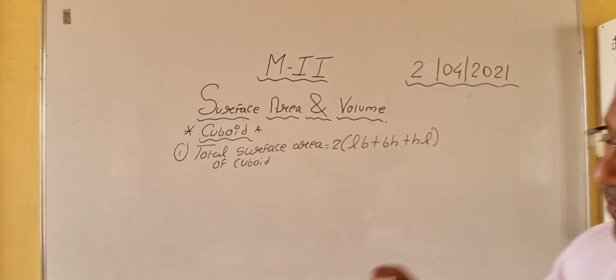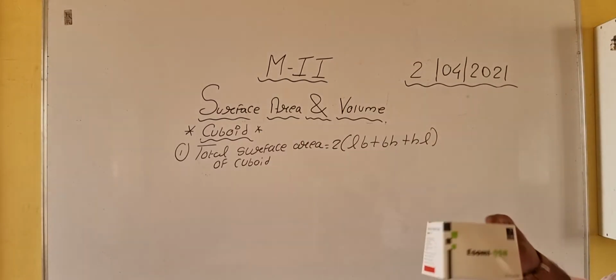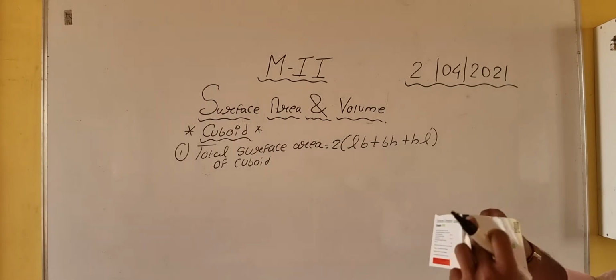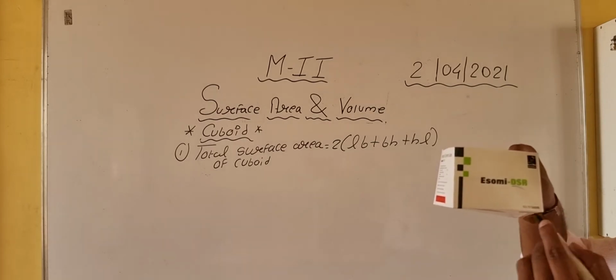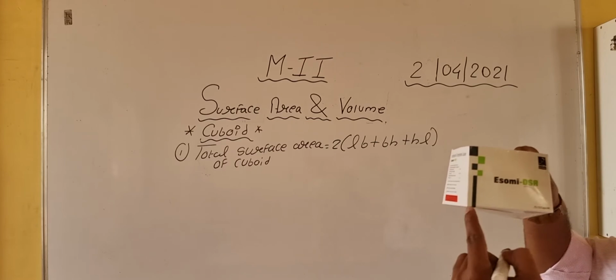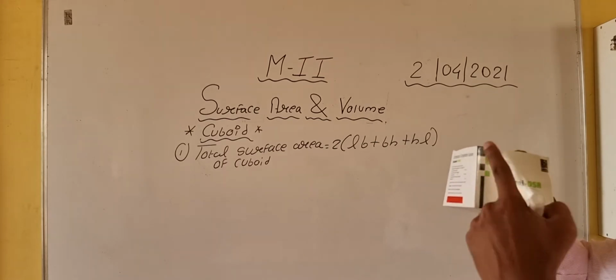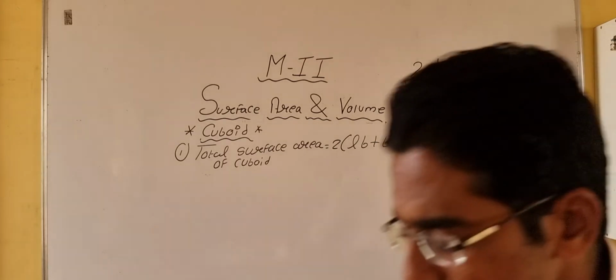Now for the cuboid, this will be our length, this will be our breadth, and this will be our height.